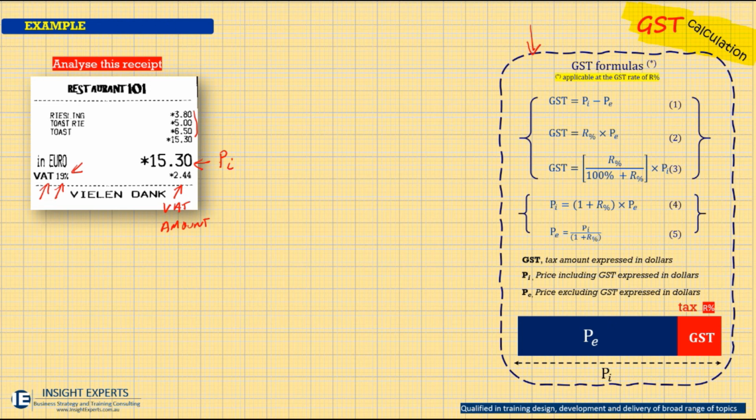If I look at the right-hand side of the screen, I've got equation number 3. Since I have the price including GST, I can calculate the GST amount.